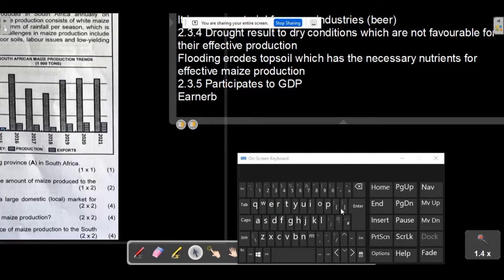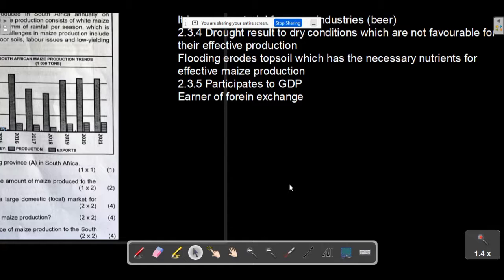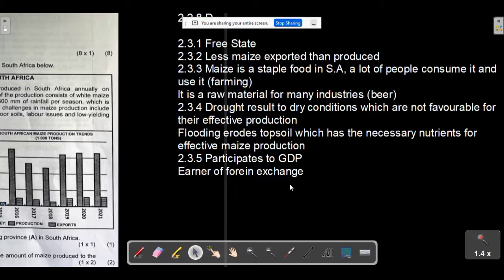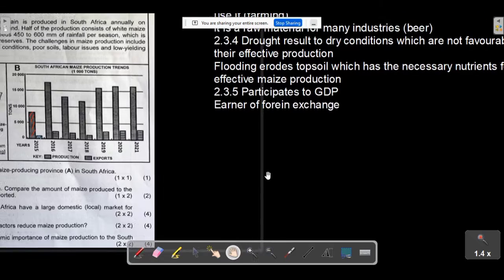By earner of foreign exchange, we mean that you have people buying this product from other countries using their own currency. That is very beneficial, and of course we use dollars to buy and sell.